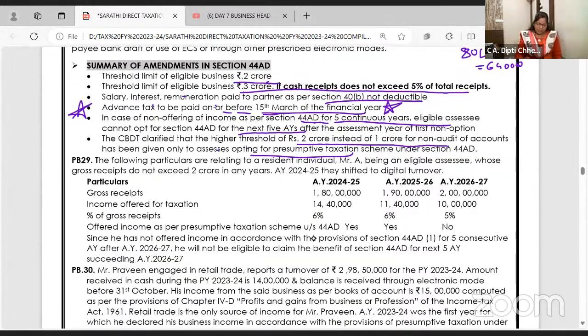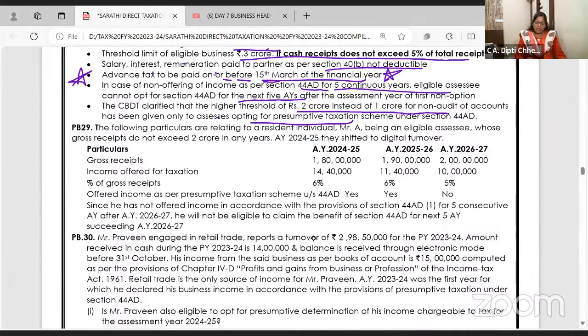Chalo, let us do this problem. It's very nice. It's already solved for all of you. The following are the particulars: gross receipts are 1 crore 80 lakhs. Income offered is 6%, as per presumptive taxation 44AD. And they have shifted to digital turnover.